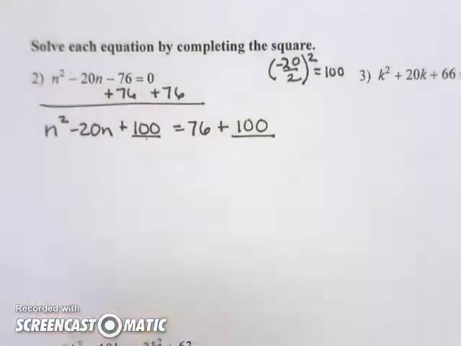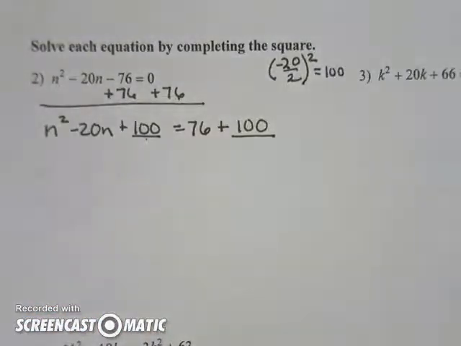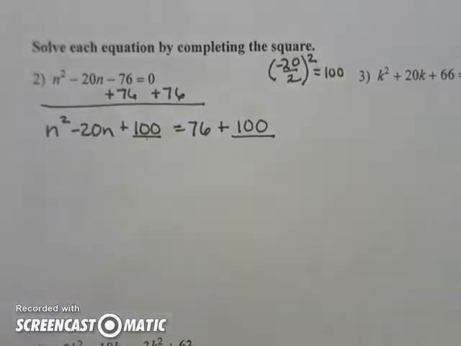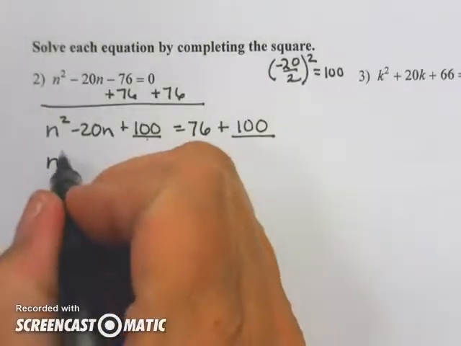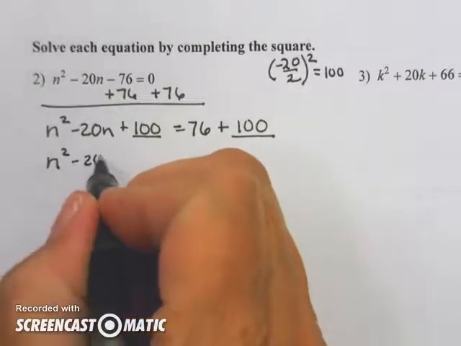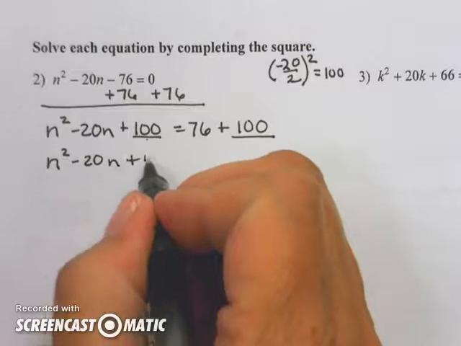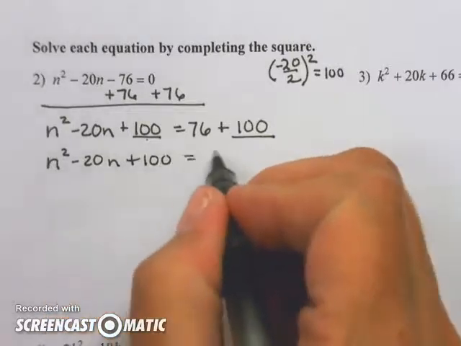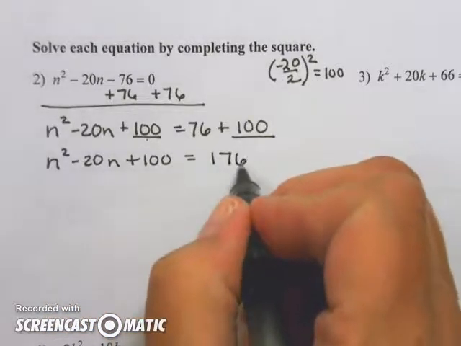That leaves me here n squared minus 20n plus 100. And on the right side, I need to combine my terms and get 176.